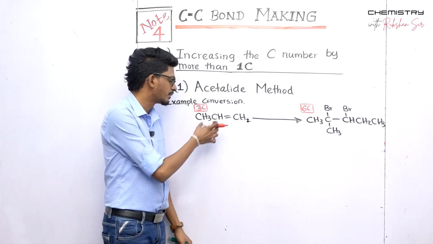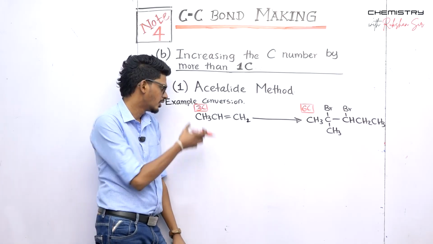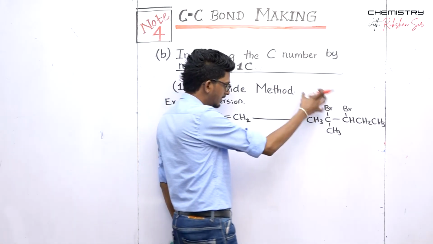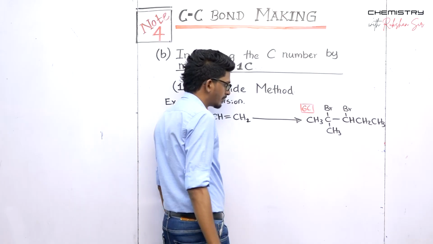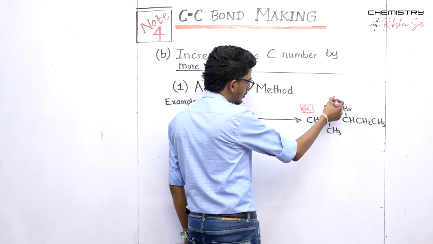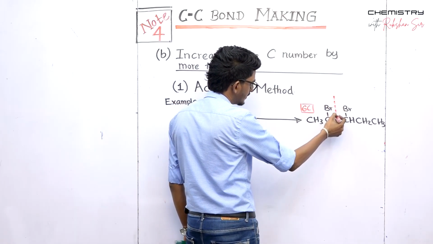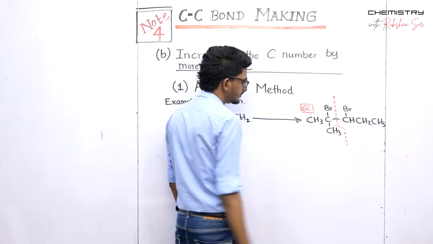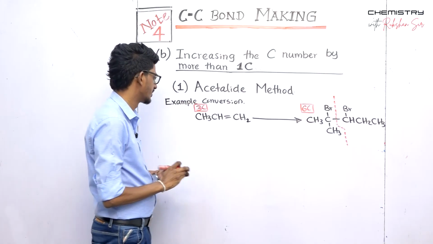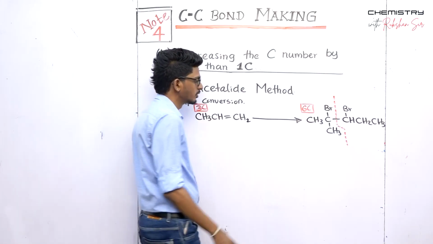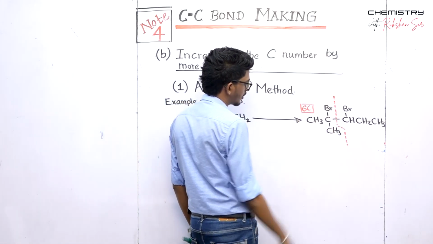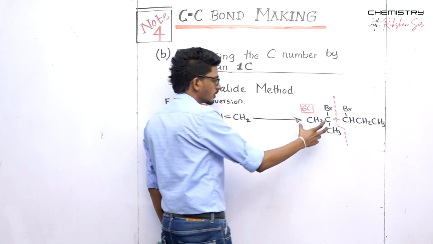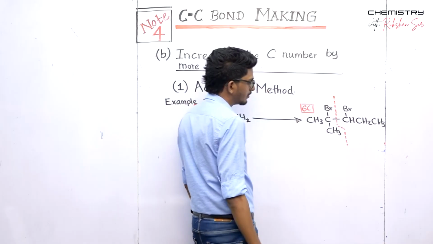As we are with 3 carbon blocks, first we need to break this whole 6 carbon compound into 3 carbon blocks, right? So this is the only breaking available then.